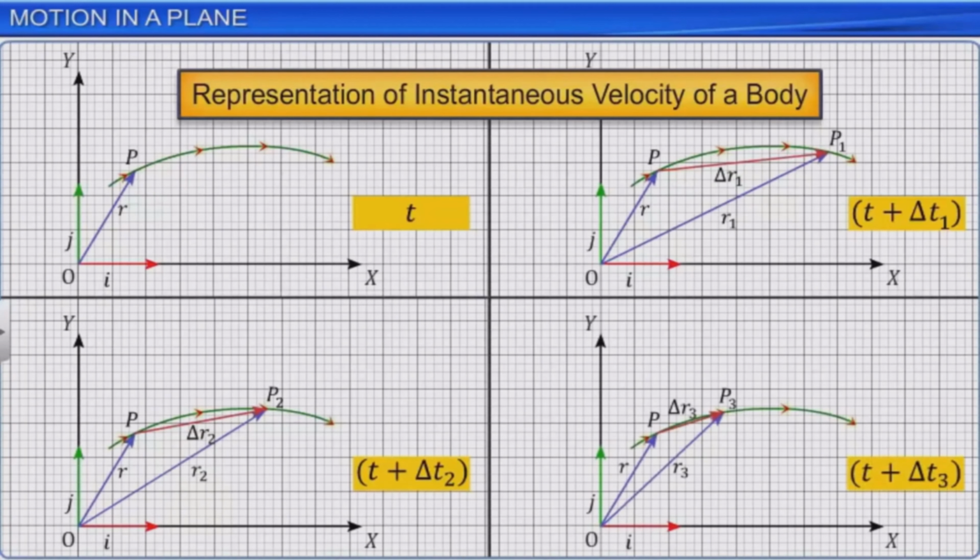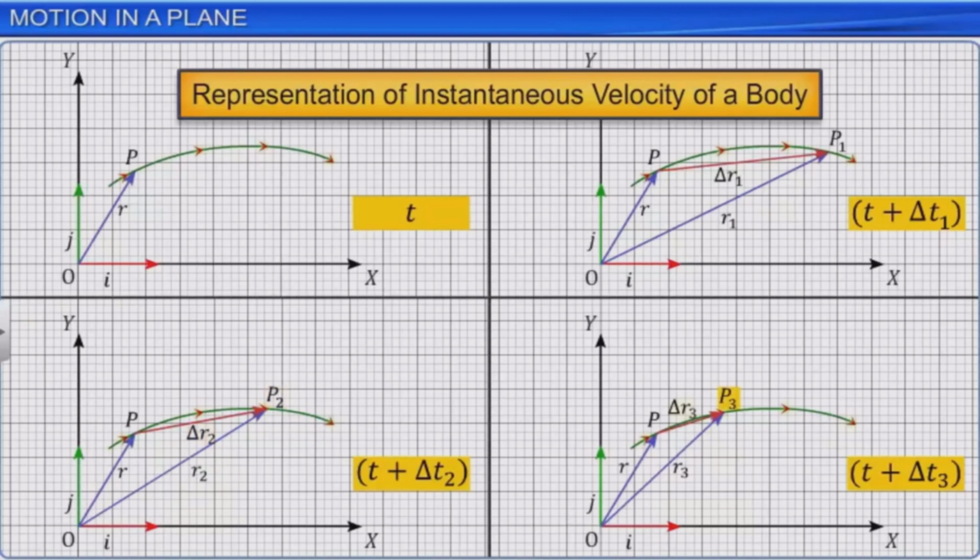The position vectors of these various points are: P is r, P1 is r1, P2 is r2, and P3 is r3. The displacement vectors with respect to point P are: at point P1, its displacement is delta r1; at point P2, its displacement is delta r2; and at point P3, its displacement is delta r3.